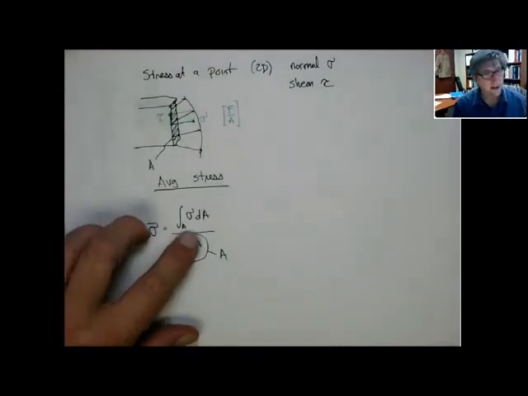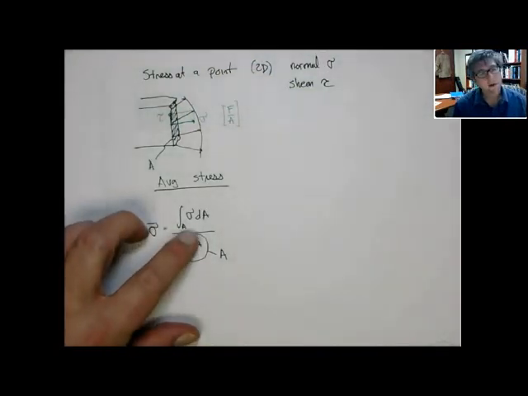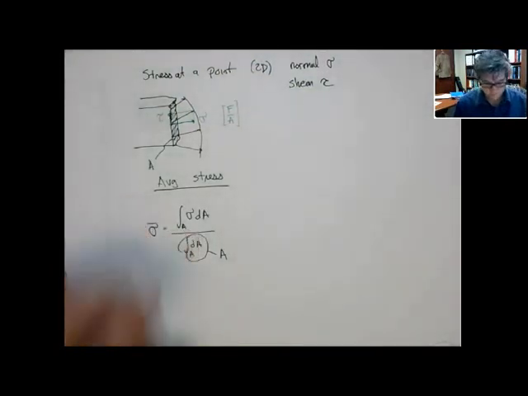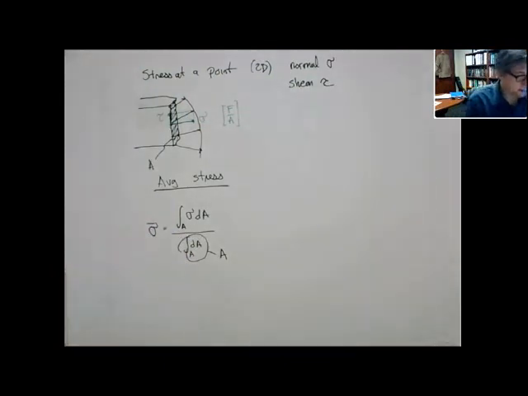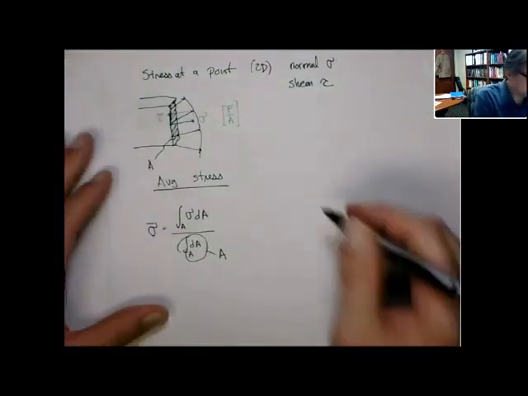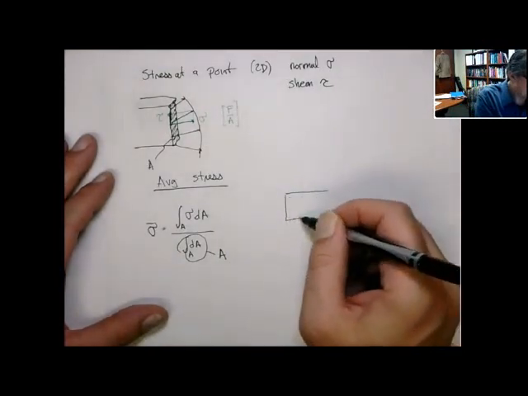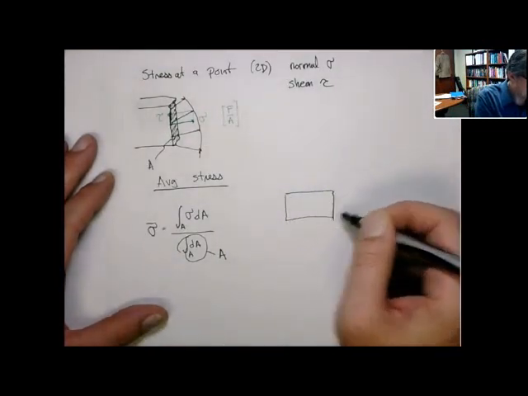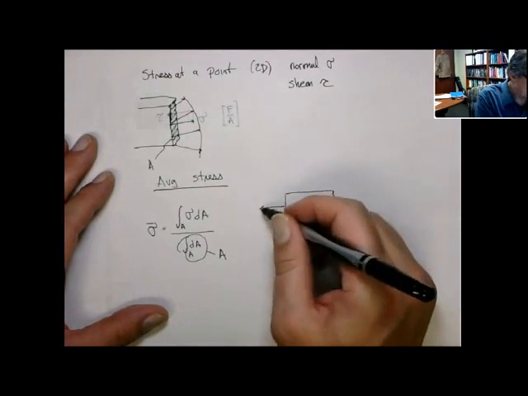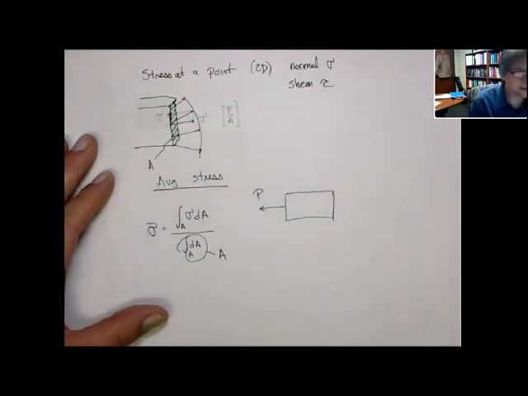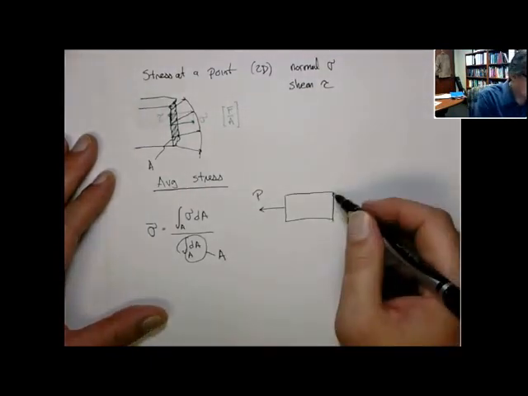Okay, now what about this top quantity? What's that? Well, let's look at a simple part in tension. There's maybe an external load applied here, P. This is the cut surface, right?